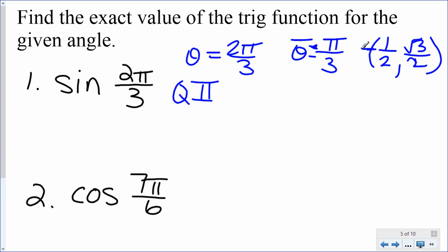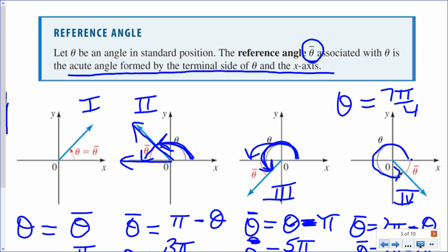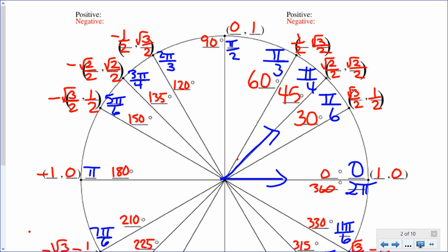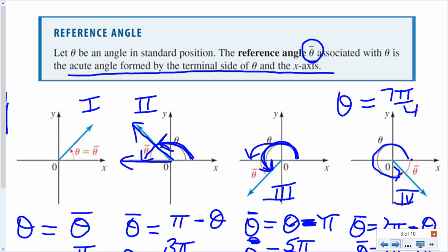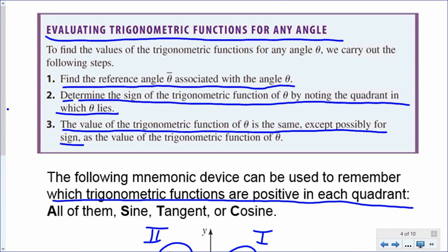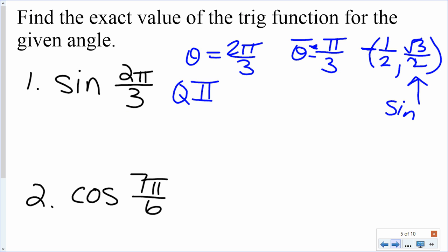Now sine is the y coordinate. That goes back to these rules right here. Sine is equal to y. So we have our answer. Sine of 2 pi over 3 is equal to square root of 3 over 2.